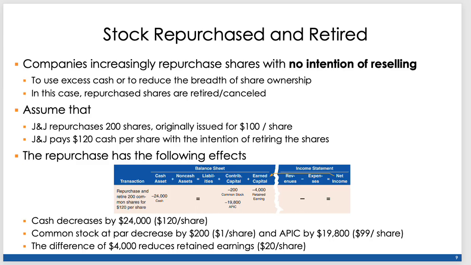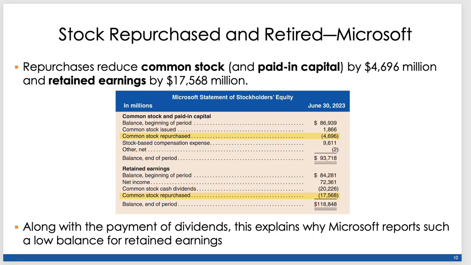Cash is decreased by 24 grand, and then you can see the reduction from the common stock account, because it's being retired from common stock. And then also the retirement of additional paid in capital and the reduction in retained earnings. Microsoft has actually done this.